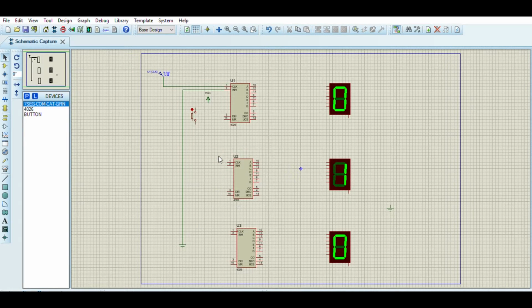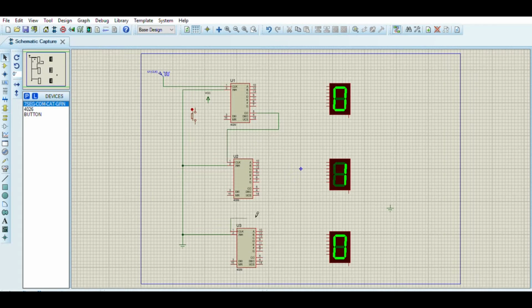For all the ICs, pin number 2 will be connected with the ground. Also, for the clock on IC number 1, the IC number 2 and 3 will be connected with pin number 5 to connect between the ICs.